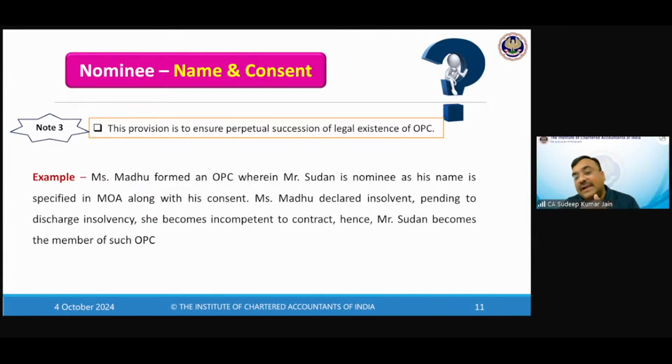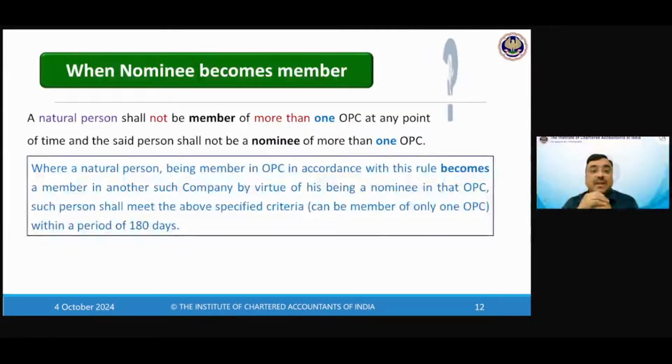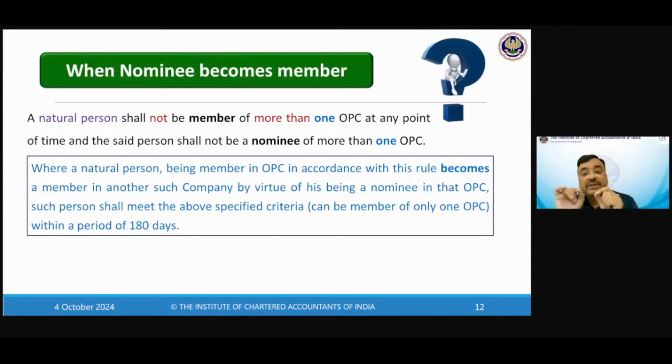Miss Madhu is declared insolvent pending discharge of insolvency and she becomes incompetent to contract. Hence, Mr. Sudan becomes the member of such company. If the member becomes insolvent, who becomes the nominee? Automatically the member, right? Now this provision is important, practically important.